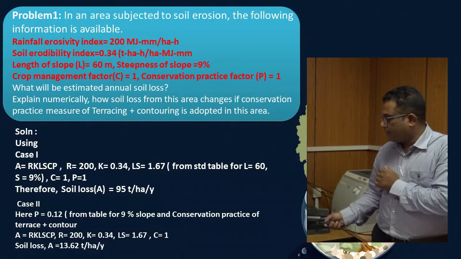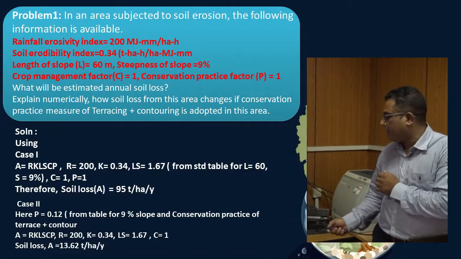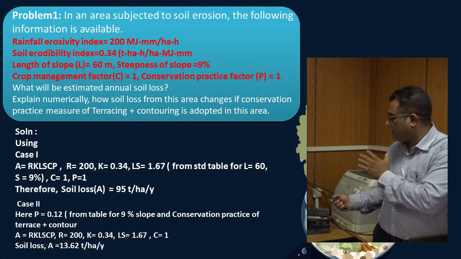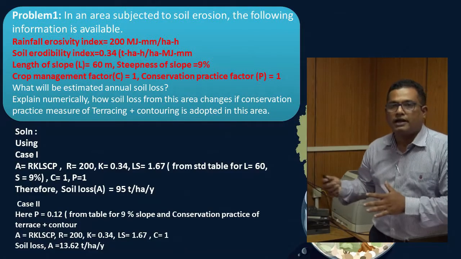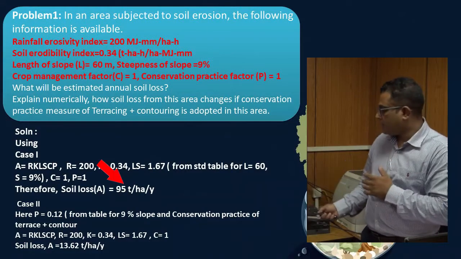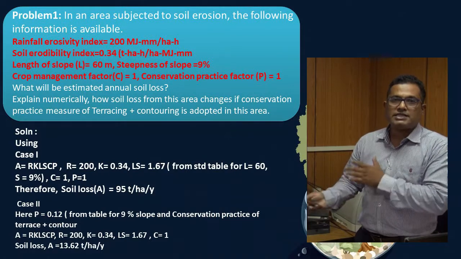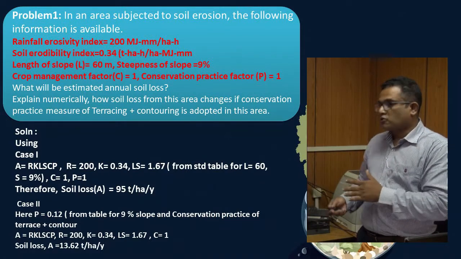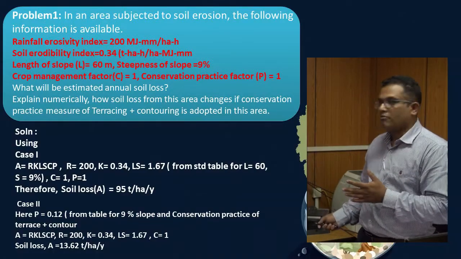Now just see and imagine, you have calculated it practically, how a small factor, this conservation practice, a small intervention of contouring and terracing, changes the soil loss. See, here it is 95, here it is 13. Maybe 6 times less soil loss where you adopt such measures.